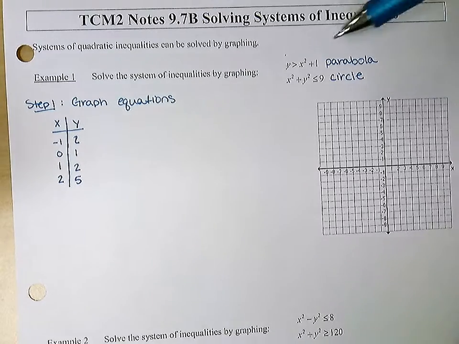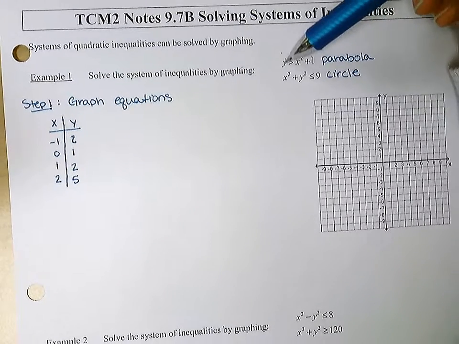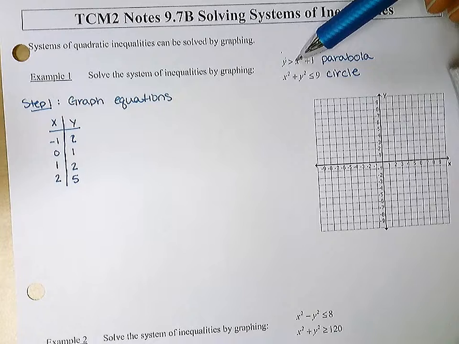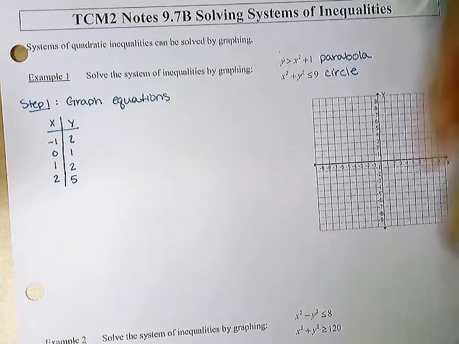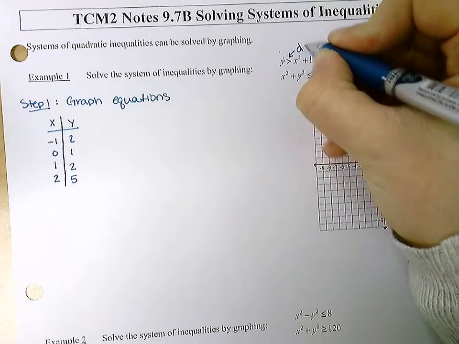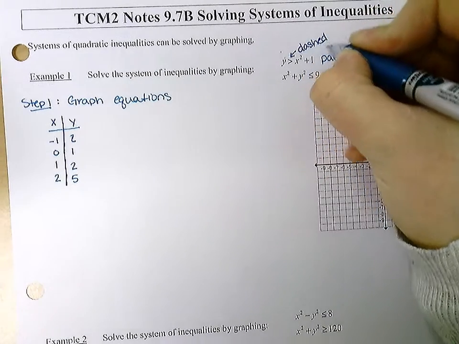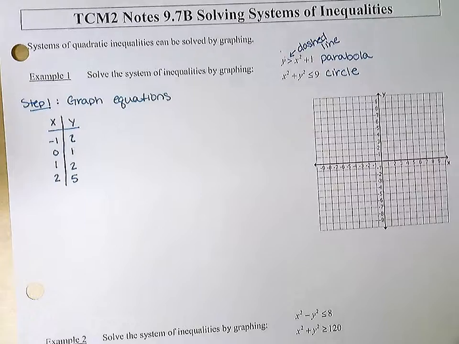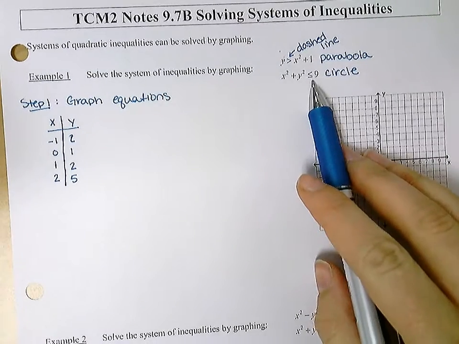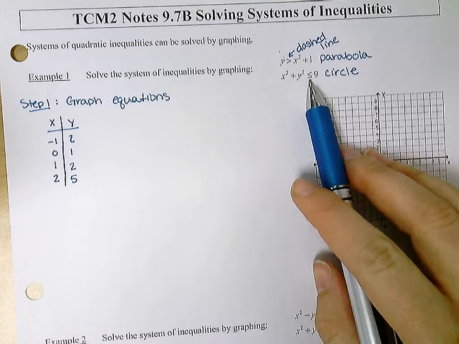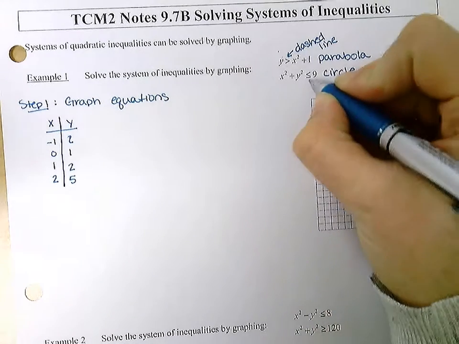Now, when you graph this, you do want to be careful with your inequality. Since this is just greater than, this is a dashed line. When you see less than or equal to or greater than or equal to, that's a solid line.